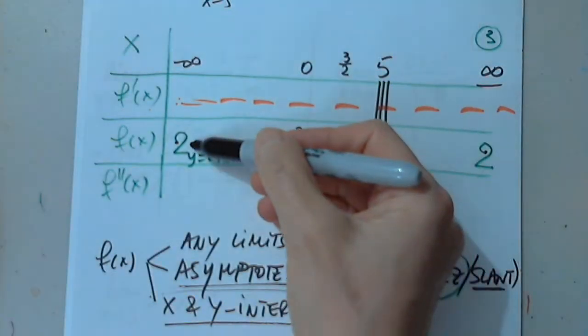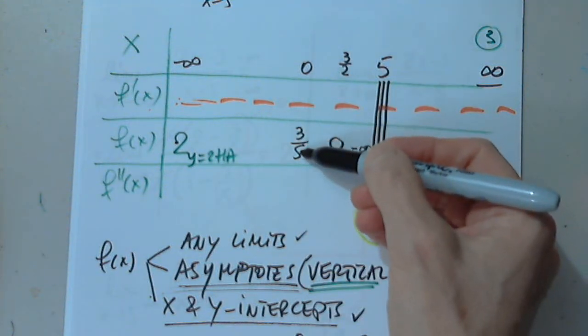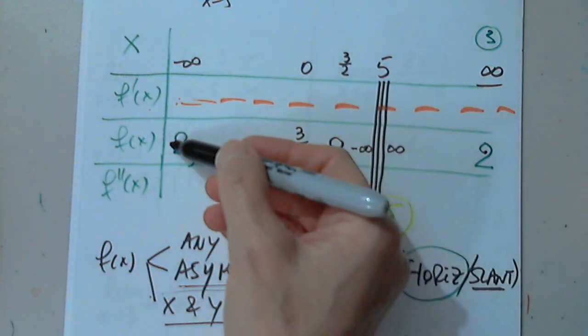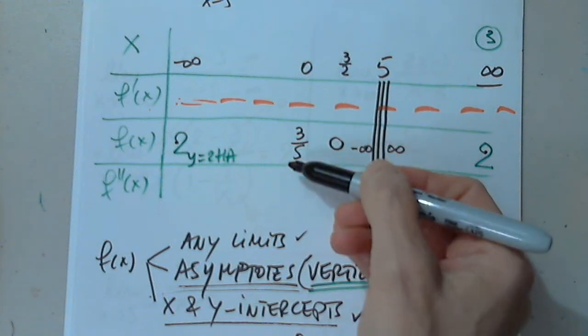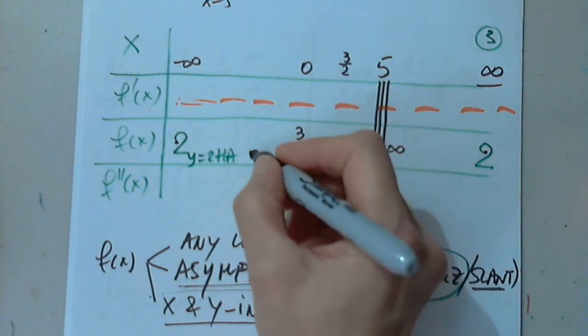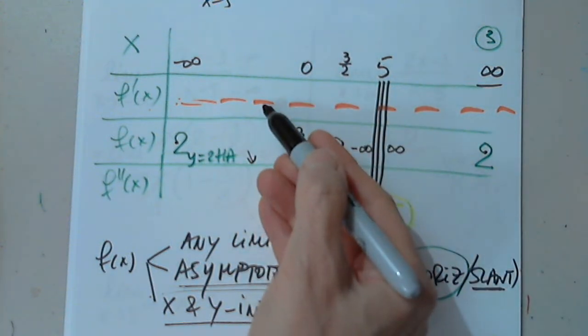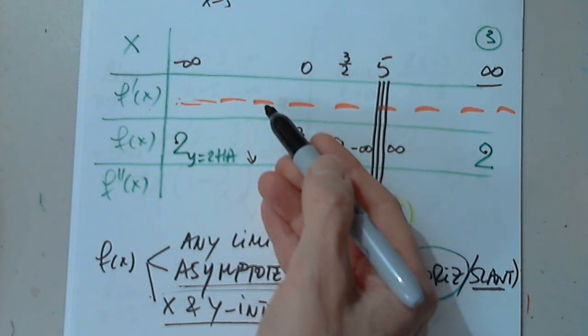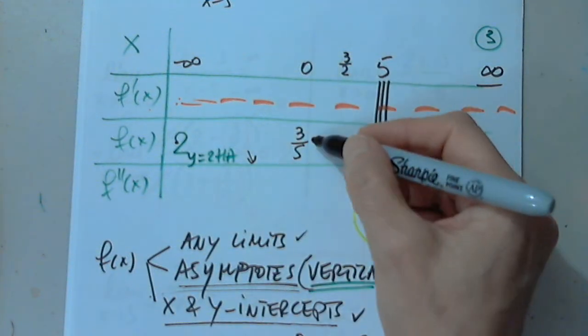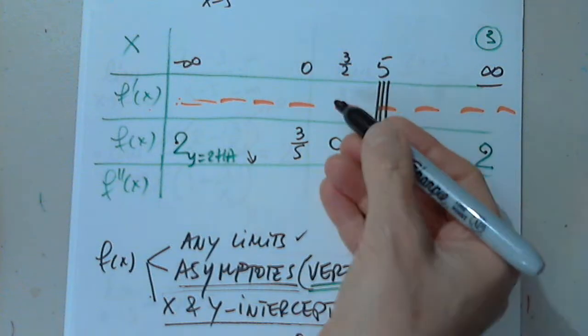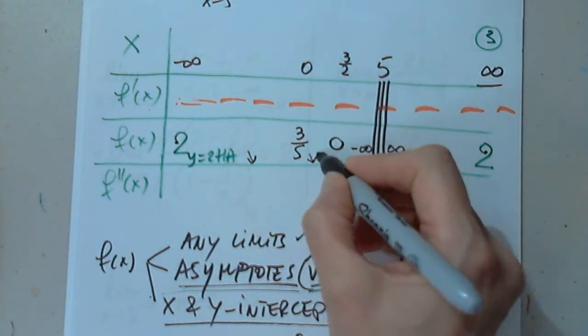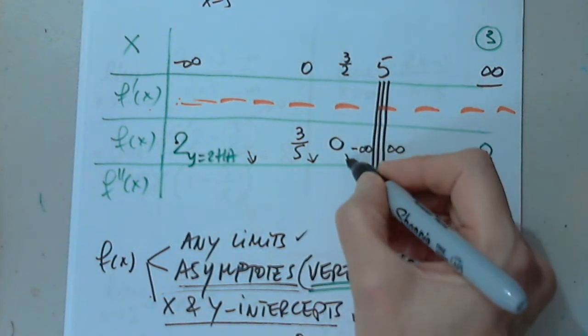From 2 to 0.6, what does the function do? Decrease. Is that supported by the sign of the derivative? Yeah. Perfect. From 0.6 to 0, you got the drift. From 0 to negative infinity, yes.